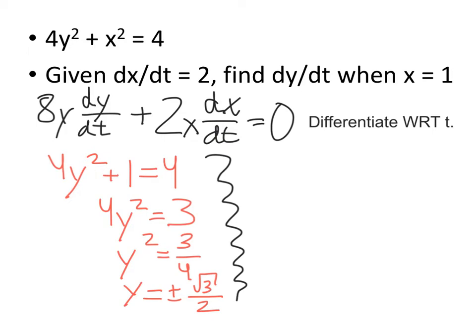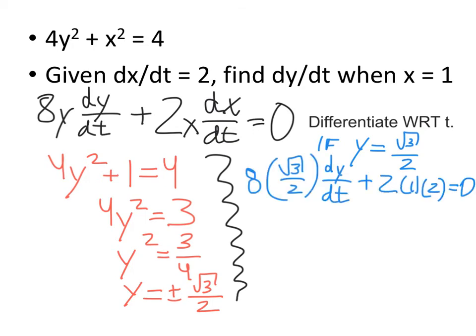And now we just need to substitute all the values that we know and solve for the unknown. If y equals positive square root of 3 divided by 2, then we can substitute that for y, substitute 1 for x, and substitute 2 for dx/dt.